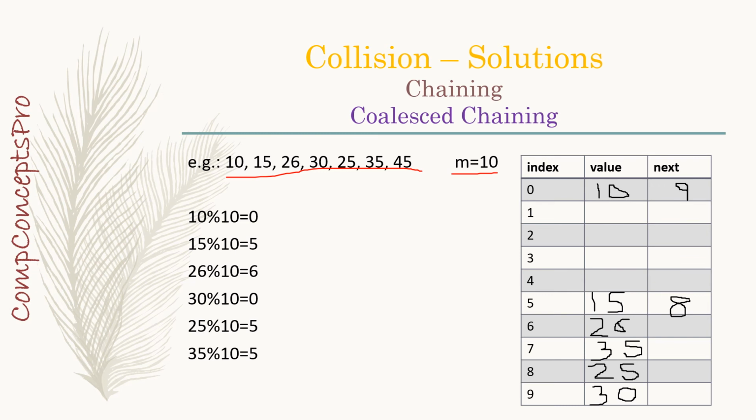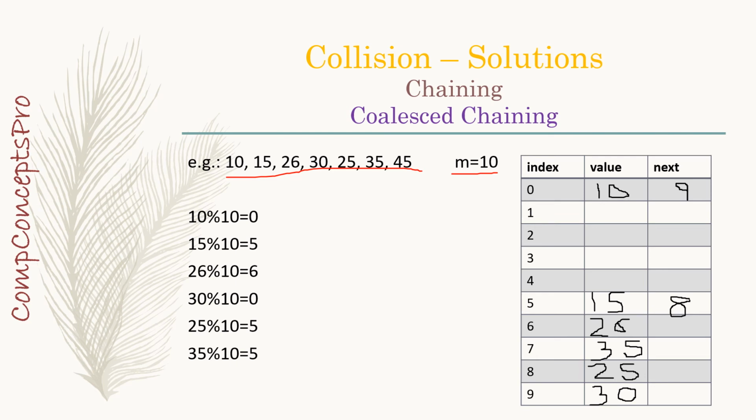See, for 35, first of all we will go to the index position 5. But the key value is 15, so we'll see in the next column. In the next column, index position stored is 8. So we'll go to the index position 8. Here also the slot is not empty.